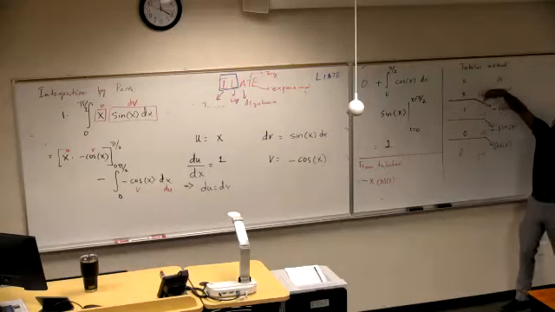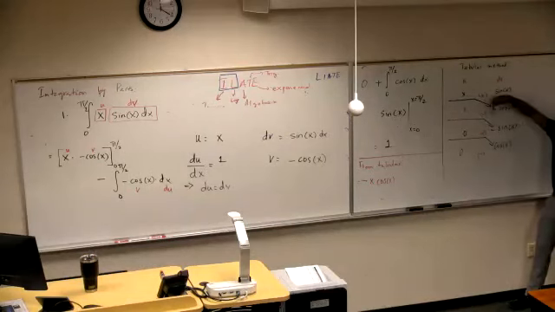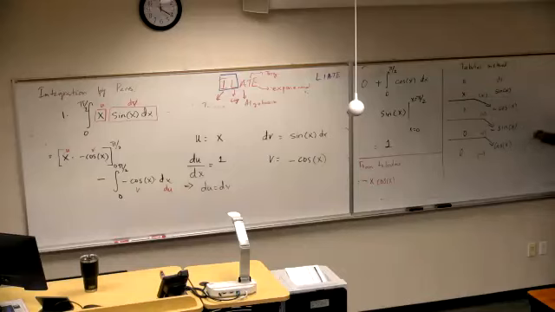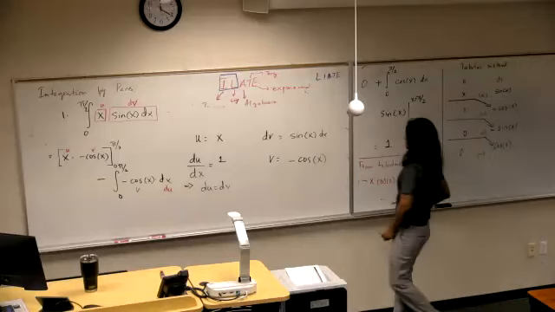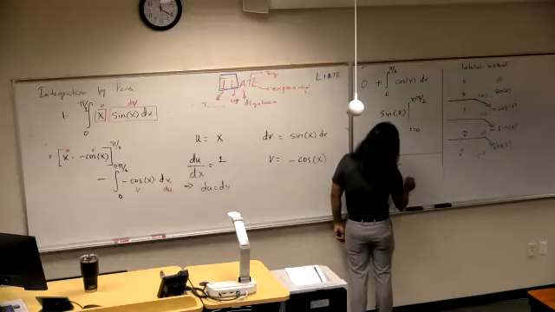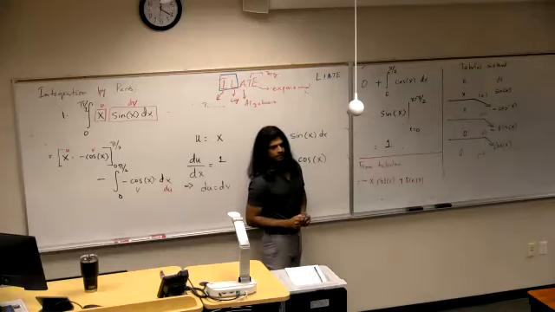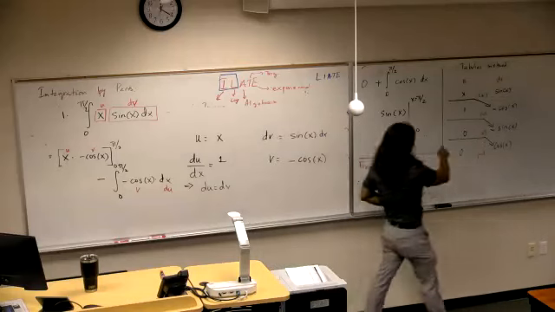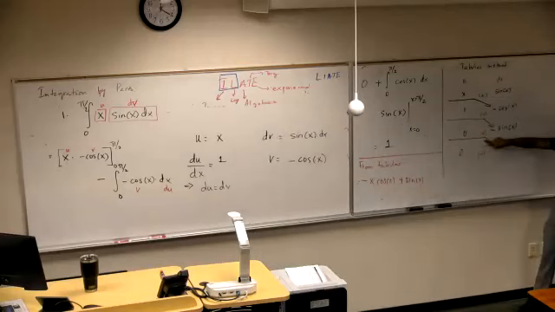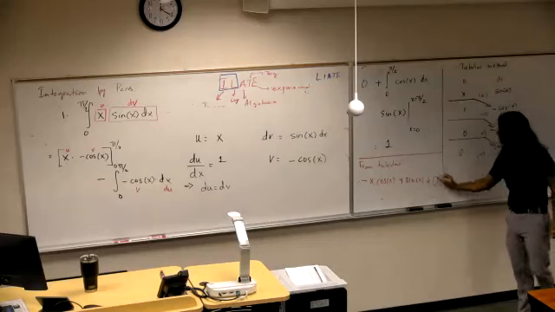Off to the next step. 1 times negative 1 times negative sine x, positive sine x. Good. 0 times positive sine, positive 1, still 0, times cosine x, still 0, 0.